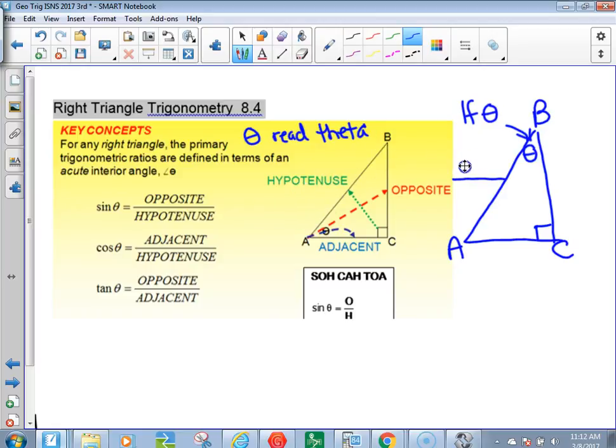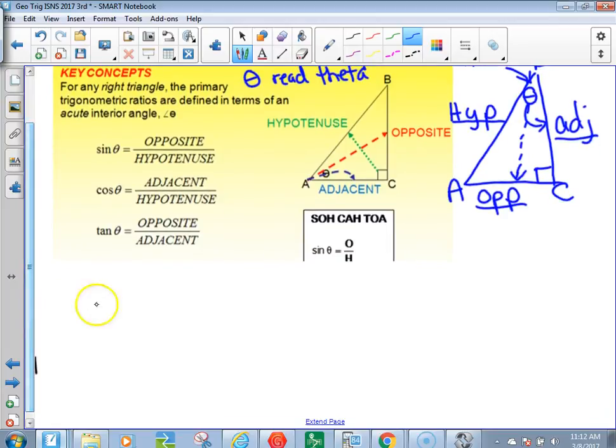The hypotenuse. The hypotenuse does not change, but if you're coming from this angle up here, then this is now the opposite leg. And from here, this one is the adjacent leg. That's why I put in those extra triangles.